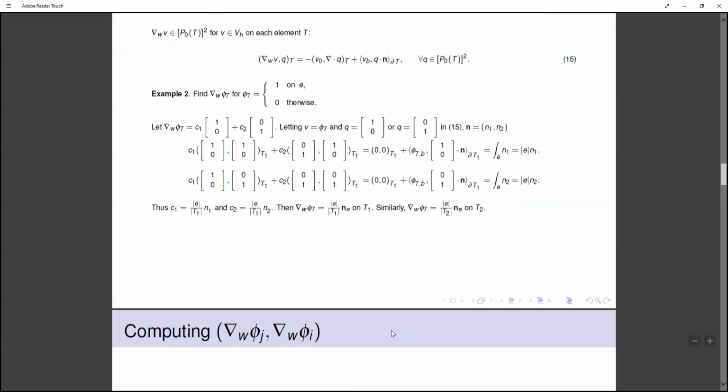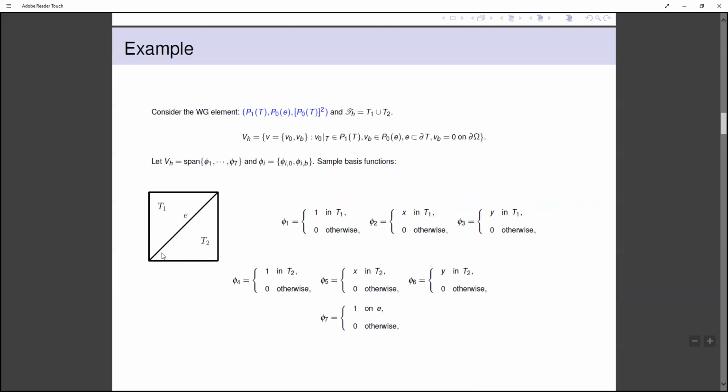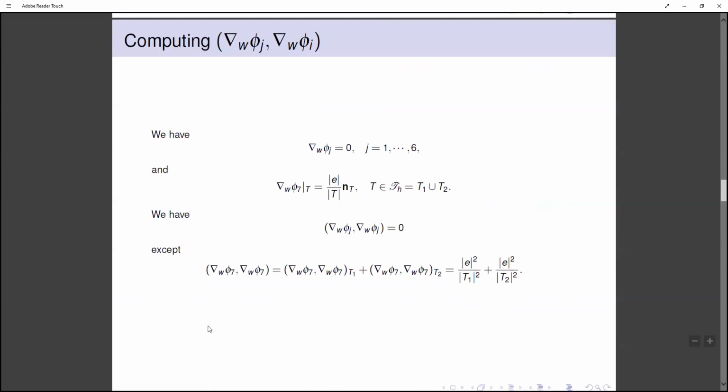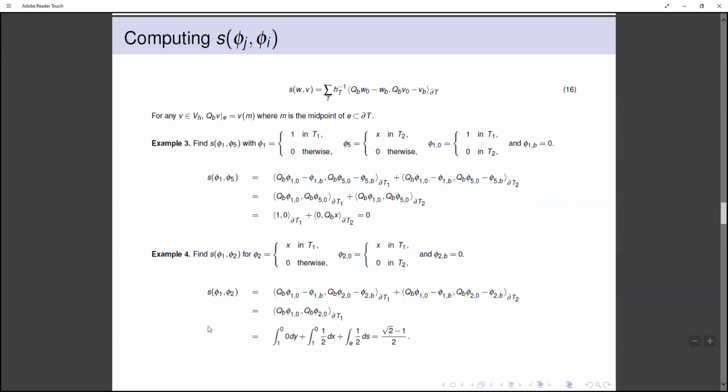Remember, T1 has 3 sides, right? This one, this one, this one. Let's go counterclockwise. So we have 1, 0 on this vertical one, then 1, 0 on this horizontal one, then on E, like this. So let's integrate this on the vertical one.